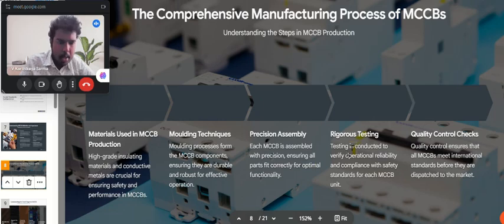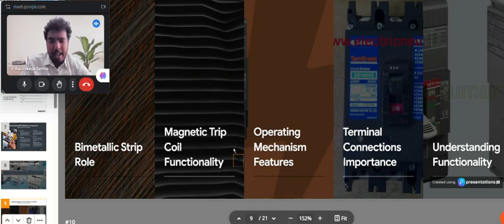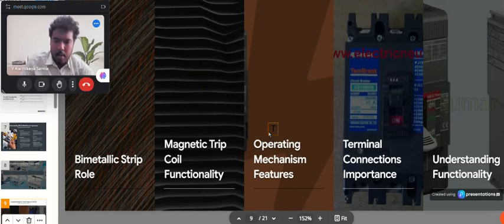And this is the basic manufacturing process of an MCCB, where high grade insulating materials and conductive materials are used. In an MCCB, the key principle is that we use the magnetic trip coil functionality and a bimetallic strip, where the bimetallic strip responds to thermal failure.